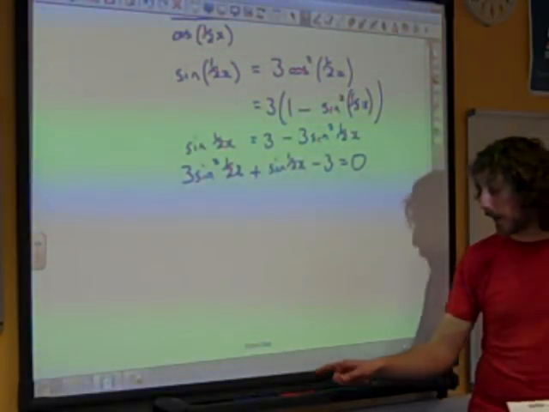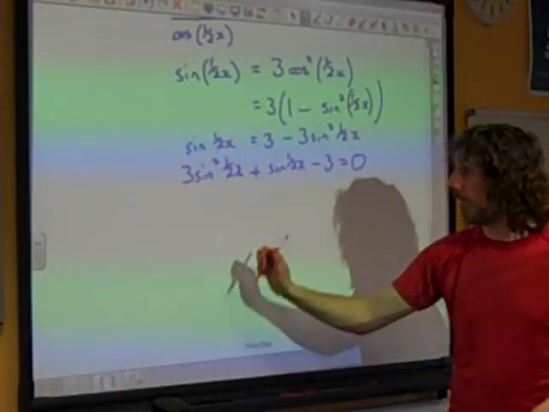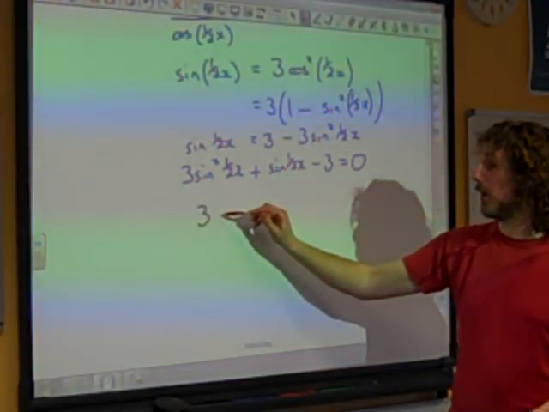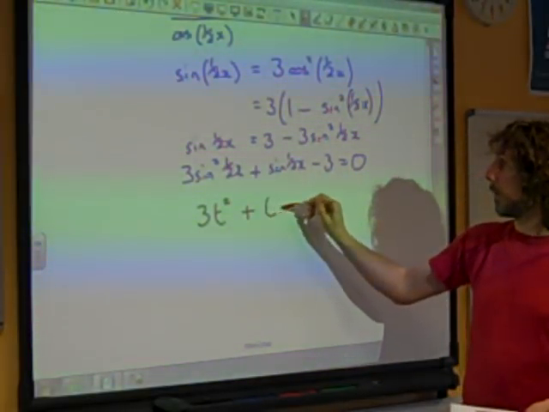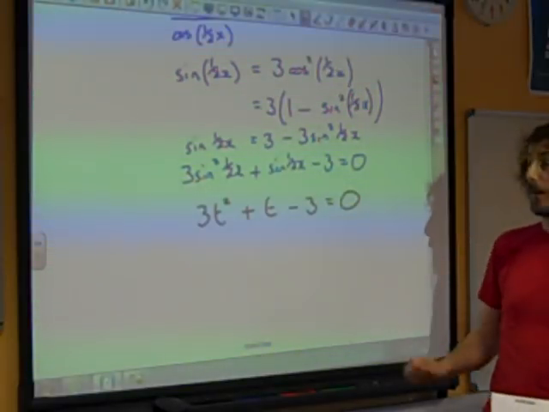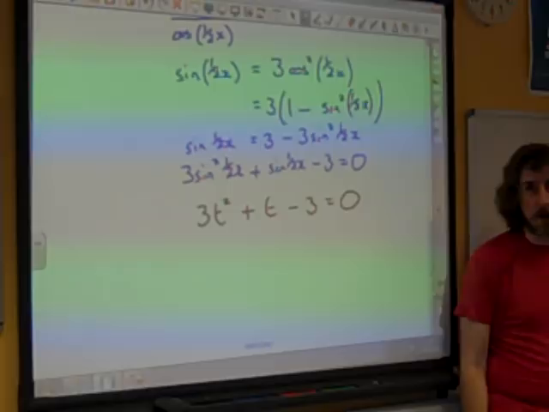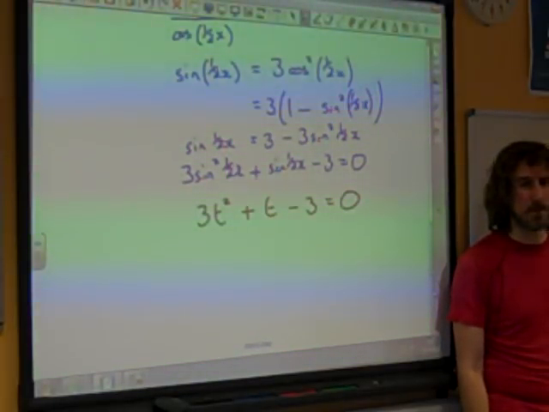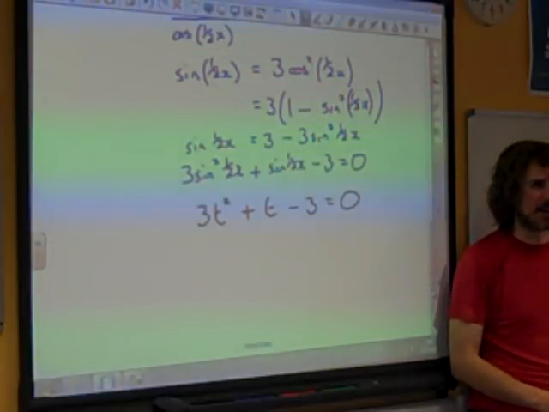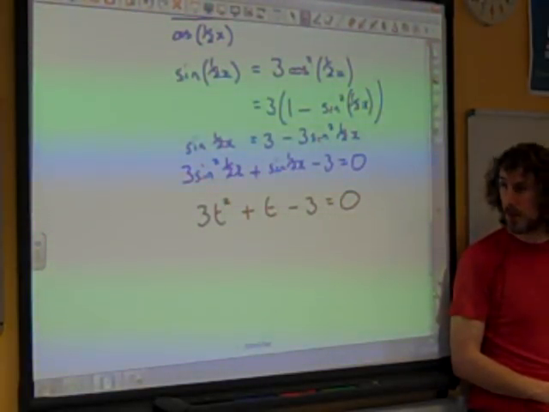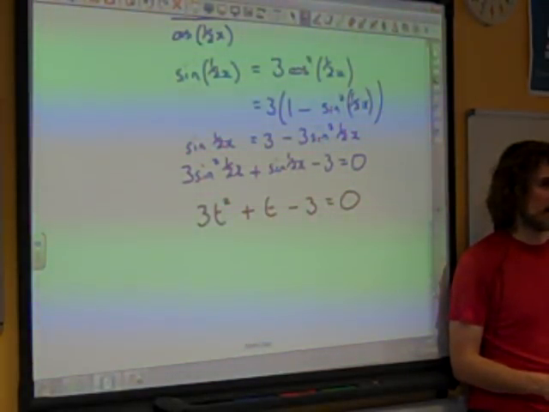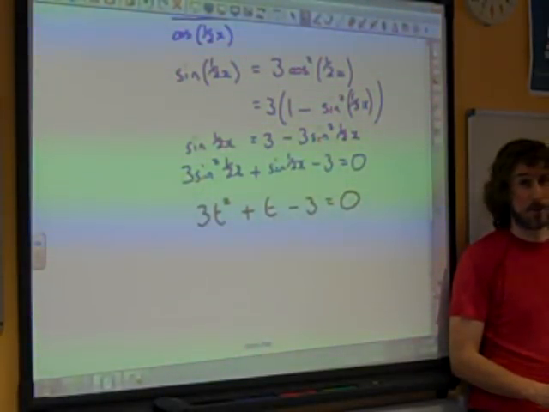You may feel happier writing it as 3 t squared plus t minus 3 is 0, I'm thinking about writing it like that. Now this is a little bit mean, because this one, we could try that trick of multiplying first and last things together and get minus 9, but there's no two things that multiply to give minus 9 that add to give plus 1. This doesn't factorise.